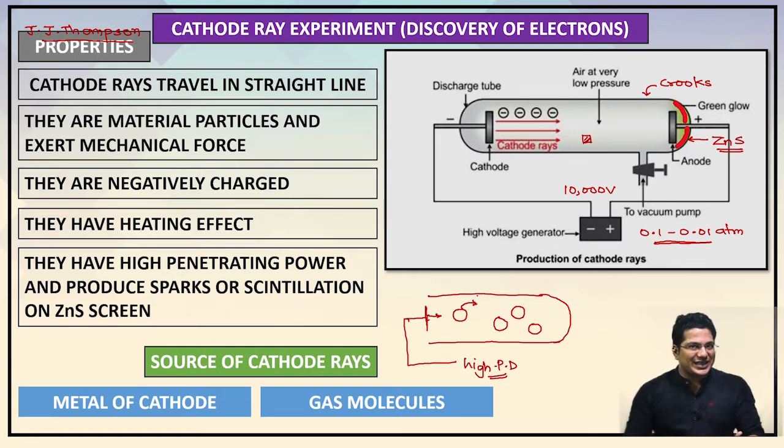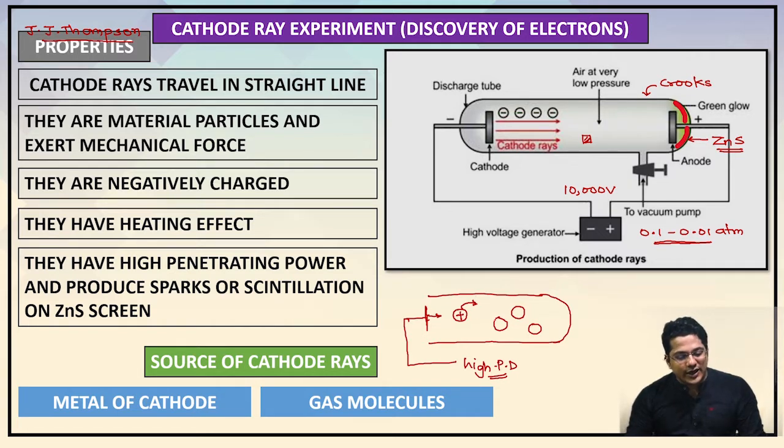So therefore, what we can say is the very first electron that you observed was from the cathode, from the metal of the cathode. And after that, all the subsequent electrons that you obtained were from the gas particles. Okay, moving on, because your gas particles are losing electrons, and if they lose electrons, they should definitely be positively charged.